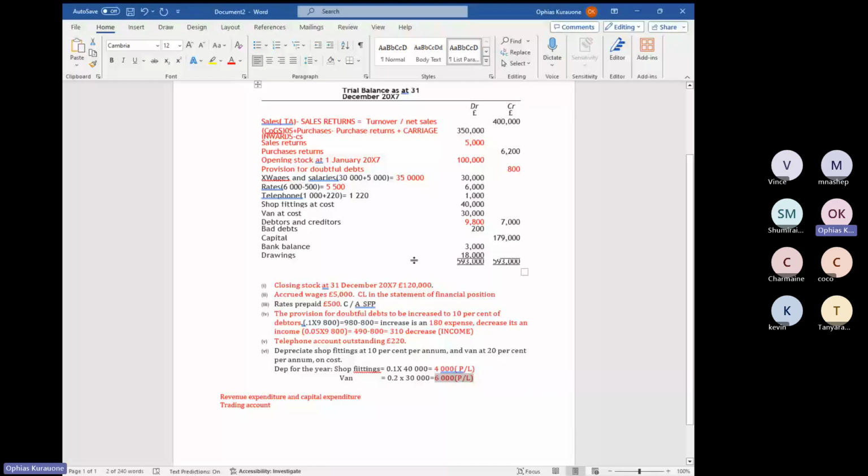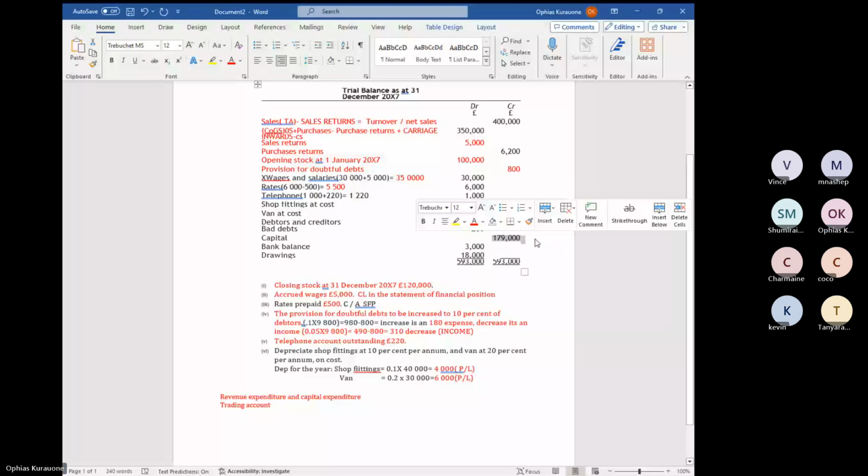Then, bad debt 200, this one can be written as an expense. Then capital, we write it in the statement of financial position. Bank balance is an asset. We don't write it here. It's an asset because it's on the debit balance. If it was on the credit balance, it becomes a bank overdraft. But in this case, it's on the debit balance.